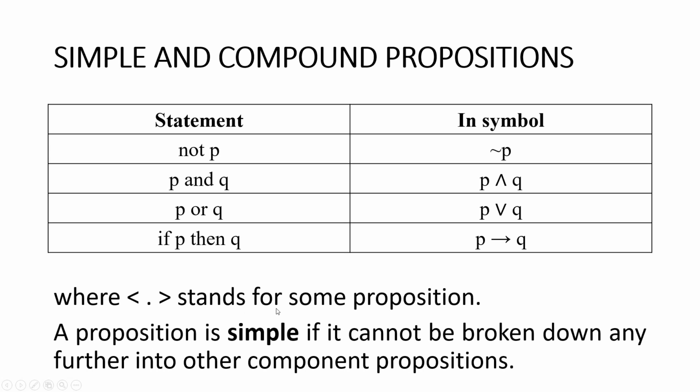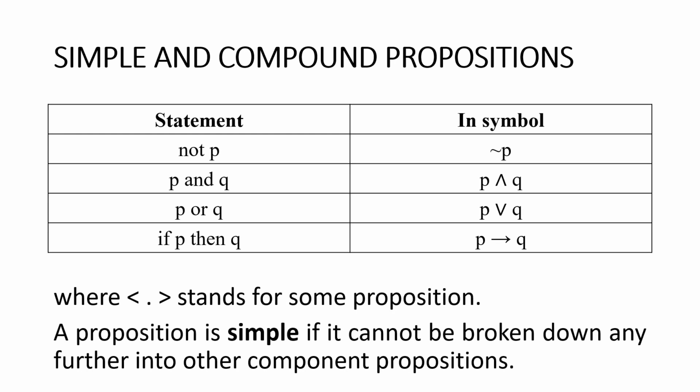stand for some proposition. A proposition is simple if it cannot be broken down any further into component propositions. Now take note that P and Q are what we call component propositions.